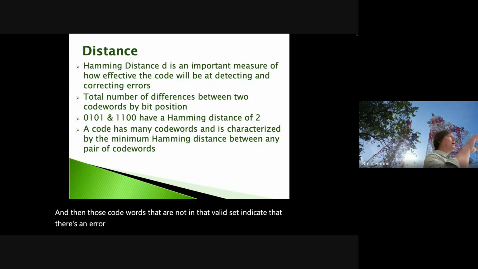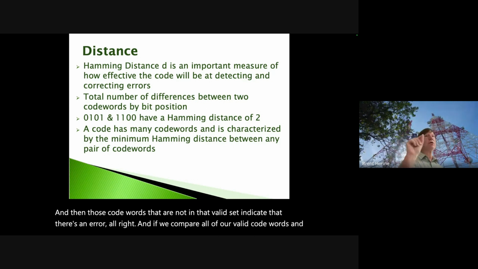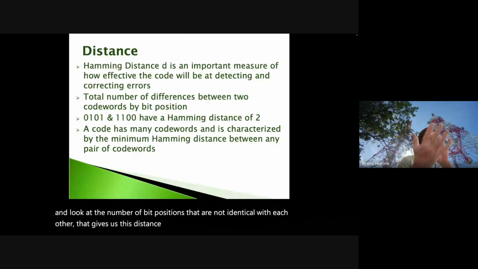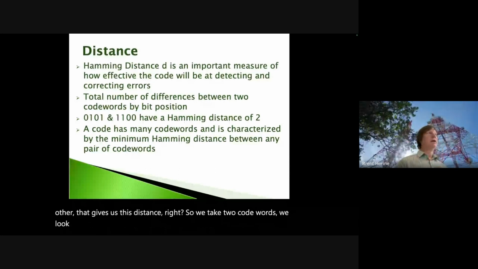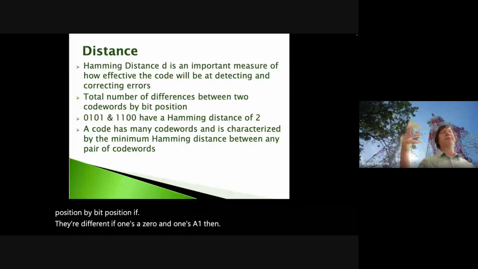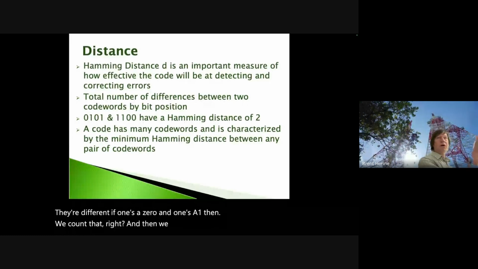If we compare all of our valid code words and look at the number of bit positions that are not identical with each other, that gives us this distance. We take two code words and look at them bit position by bit position. If they're different, if one's a 0 and one's a 1, then we count that, and we sum that up for all the bit positions in that code word.